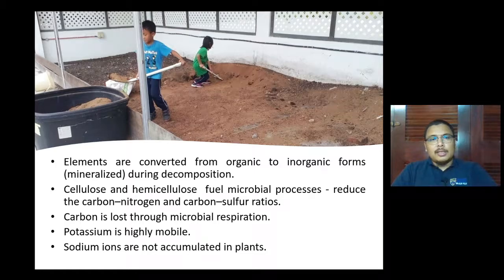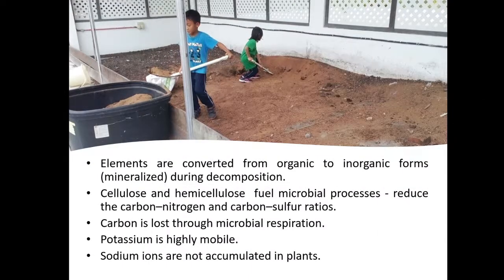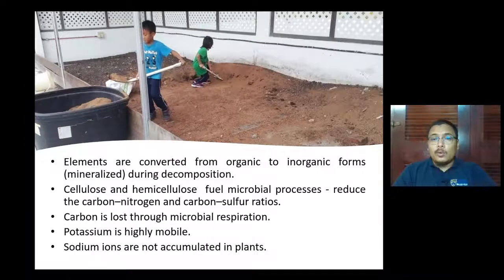So, during the decomposition process, elements are converted from organic to inorganic forms, or mineralized, and may enter the exchangeable pools from which they are available for plant uptake or microbial use. Cellulose and hemicellulose account for more than 50% of carbon in plant debris and help to fuel microbial processes such as transformations of nitrogen and also sulfur, which gradually reduce the carbon-nitrogen and carbon-sulfur ratios in decomposing materials.